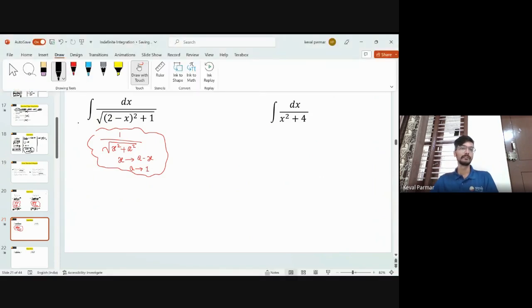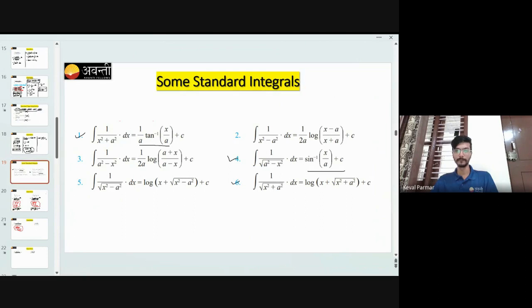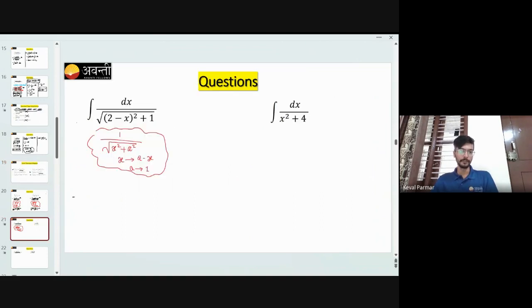So if you remember the formula, log of x plus under root of x square plus a square, this will be equal to log of (2 minus x) plus under root of (2 minus x) the whole square plus 1 square, plus c.